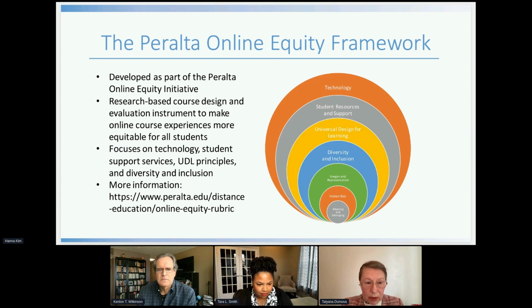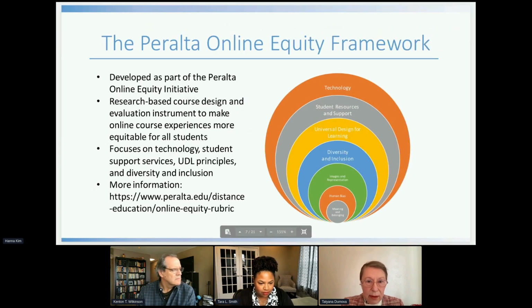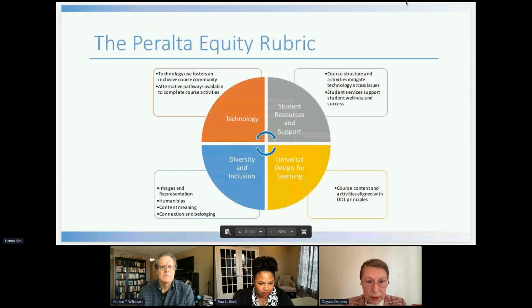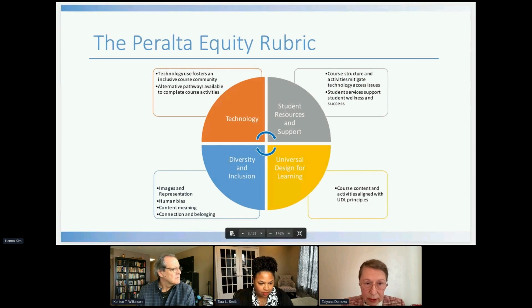So what does this framework, and consequently the rubric, help us to do? The equity rubric, emerging from this broader framework, focuses on areas including diversity, equity, and inclusion.